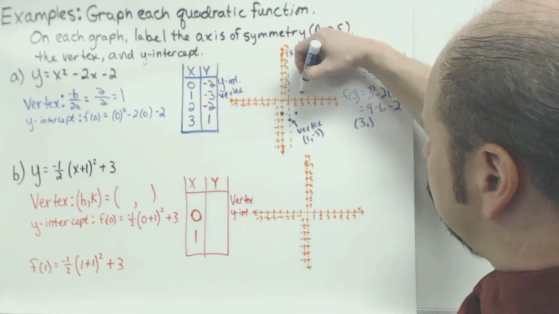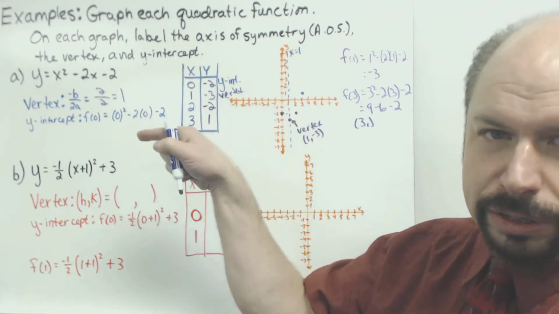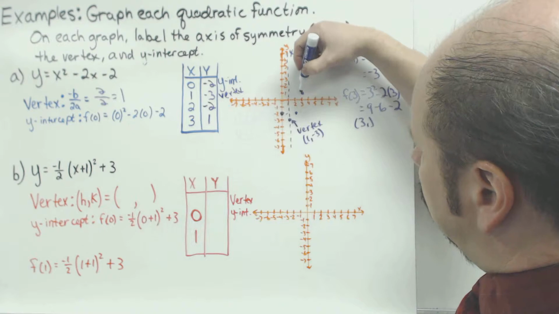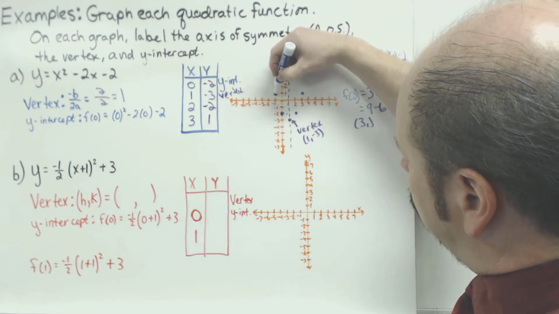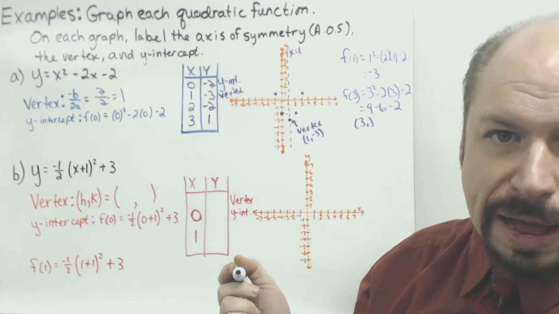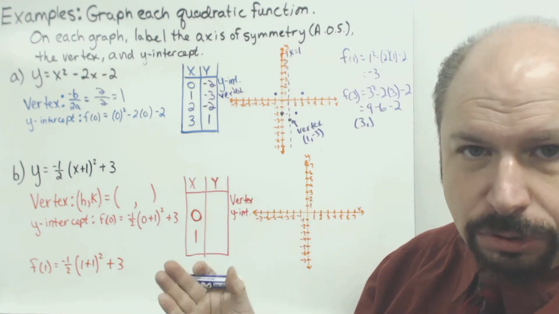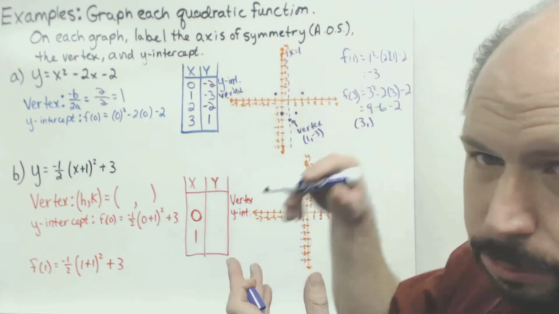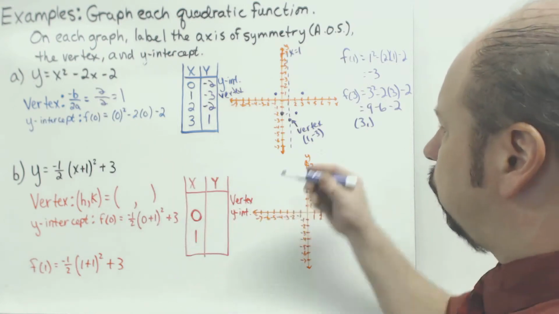So (3, 1) is located right here. Remember, we also have another point on the other side of the axis of symmetry from that. So if this is 2 away, if I go back 2 more, we have another point right there on our graph. So that is how we can use those corresponding points to help us graph. If we know where this is, we know there's another point on the other side of the axis of symmetry from it. It's a nice, easy point to graph.